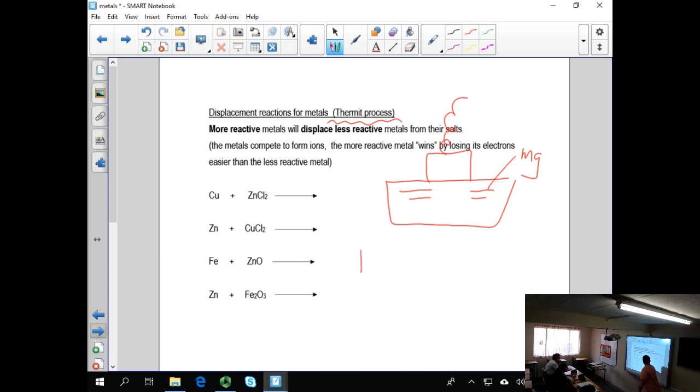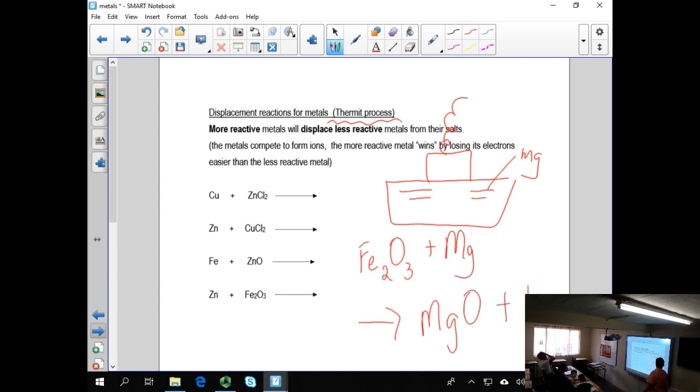So the moment I have iron oxide and we have somewhere along the metal part the magnesium in contact with the iron, the electrons can be transferred. They're both conductors. They fight over electrons, and magnesium is more reactive than iron, so we will get the formation of magnesium oxide and iron.